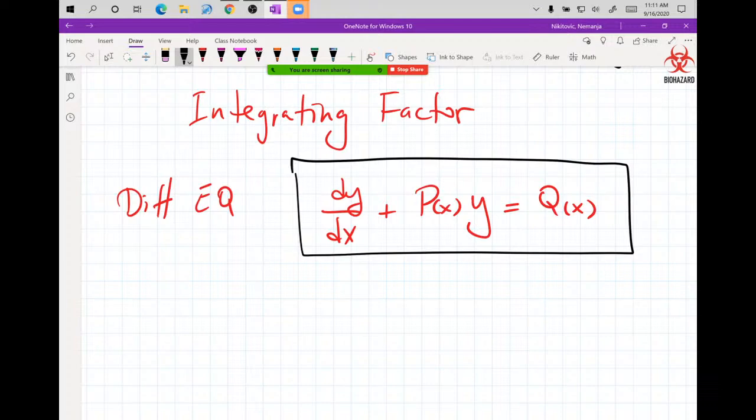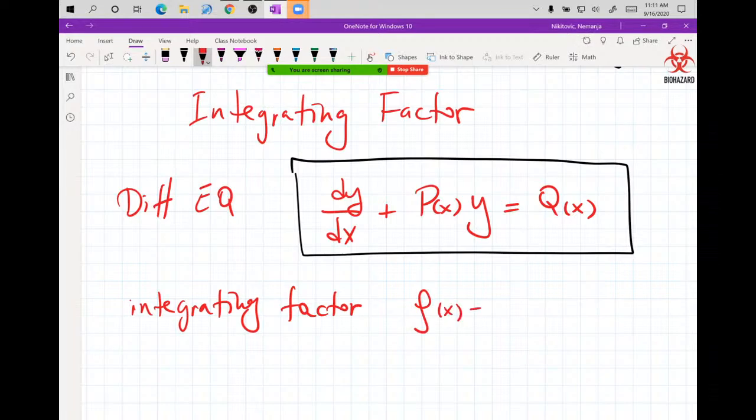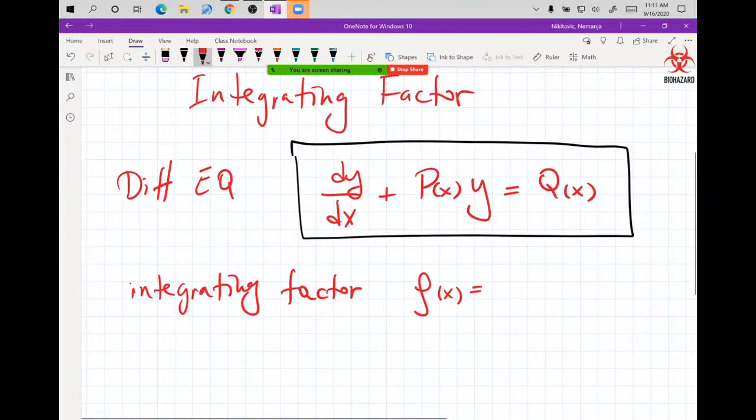Now you are going to need an integrating factor. They call it a rho of x, the Greek letter rho, equivalent to our r in Latin alphabet.